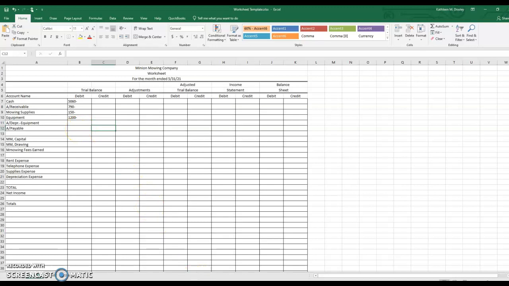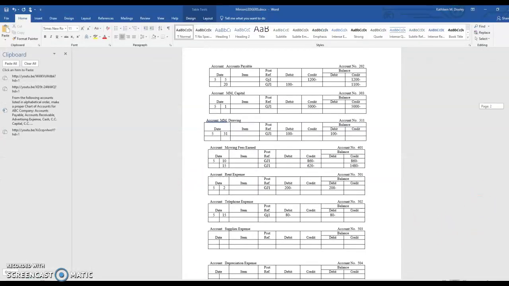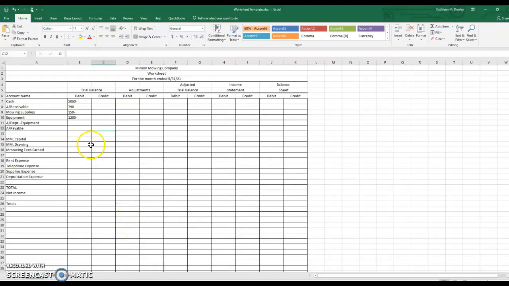Accounts payable is 1100 credit, capital is 5000 credit.